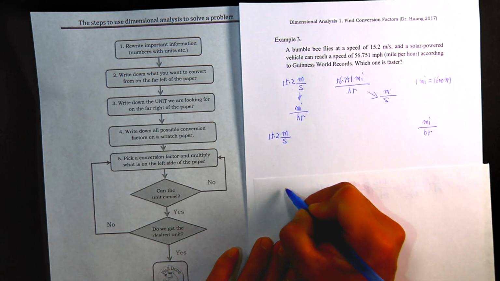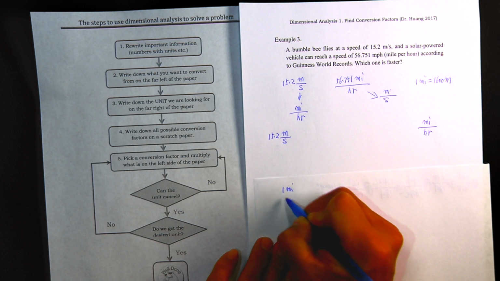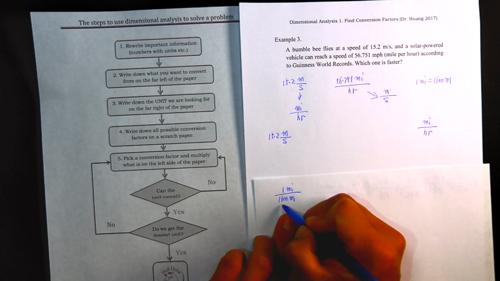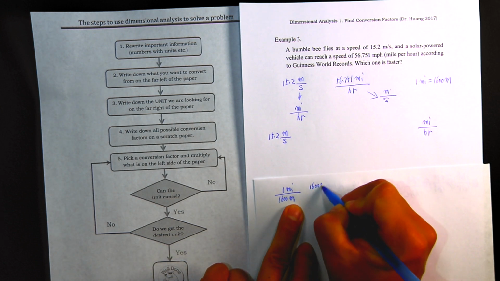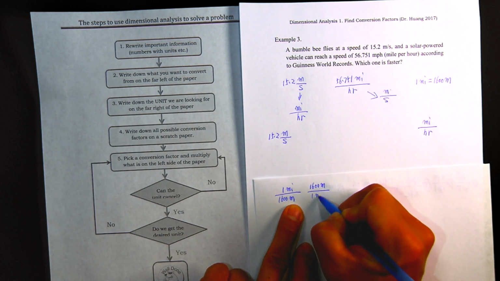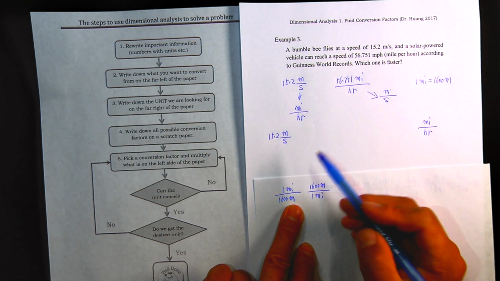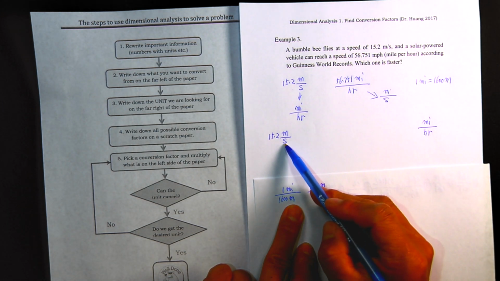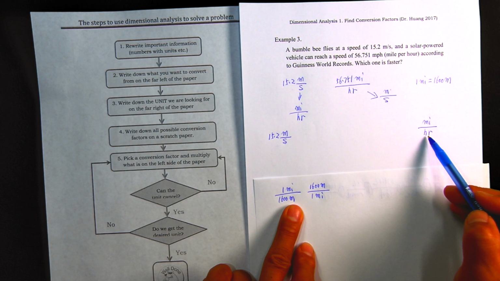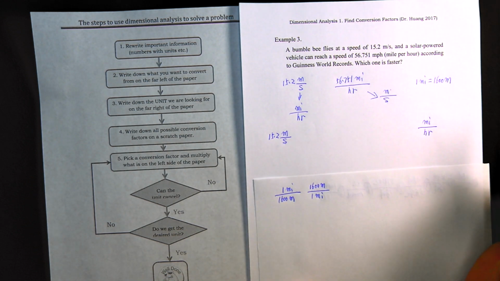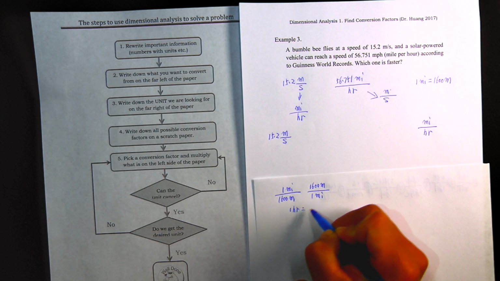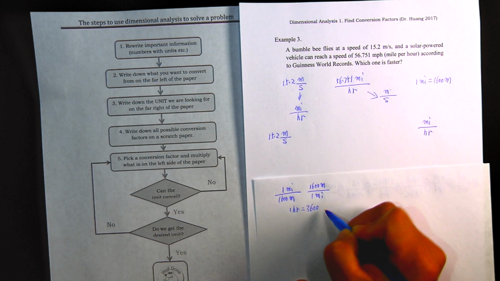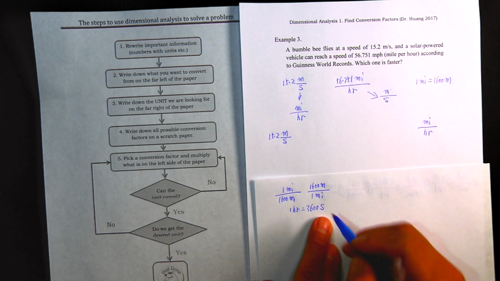From this one, we get 1 mile over 1,600 meters, or 1,600 meters over 1 mile. And then we want to change second to hours. If you remember, 1 hour equal to 3,600 seconds.